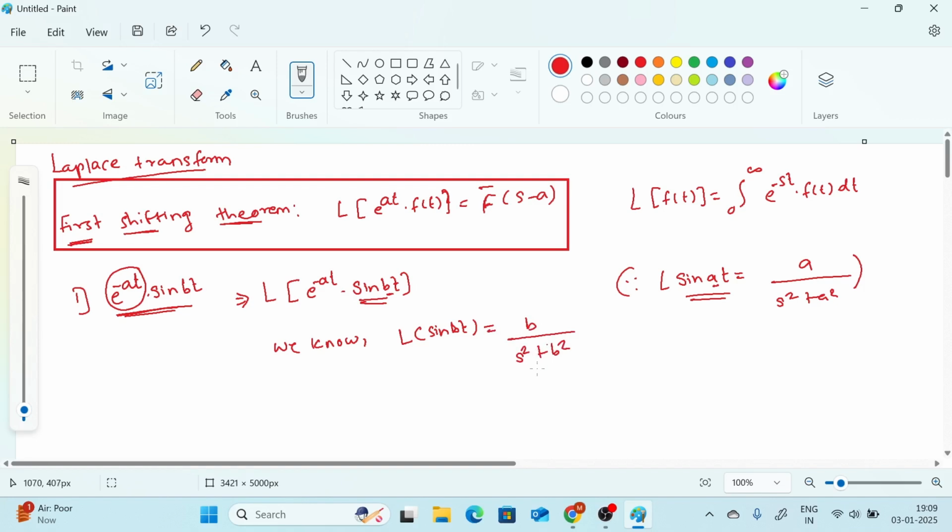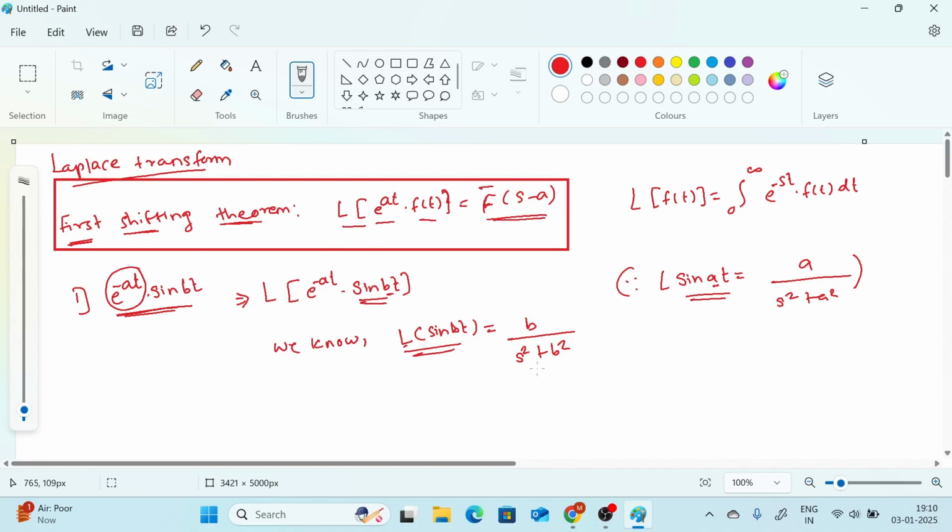Now in the first shifting theorem, this is the term which we knew about sine bt, right? And in the first shifting theorem, we have Laplace of e raised to at f of t is equal to f bar of s minus a.